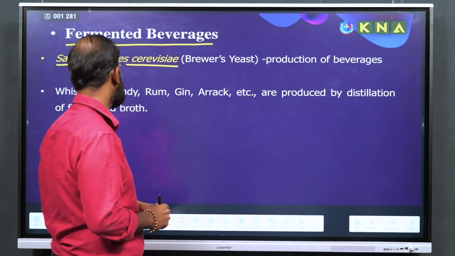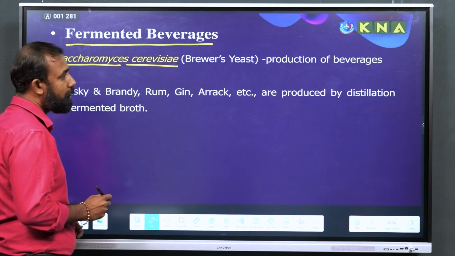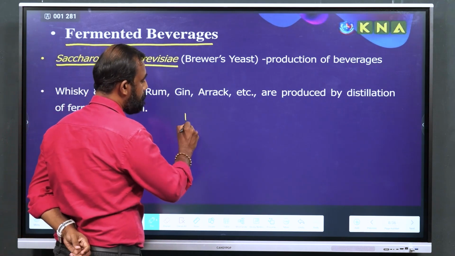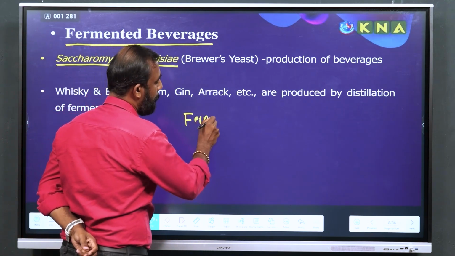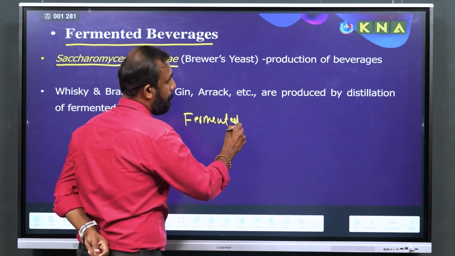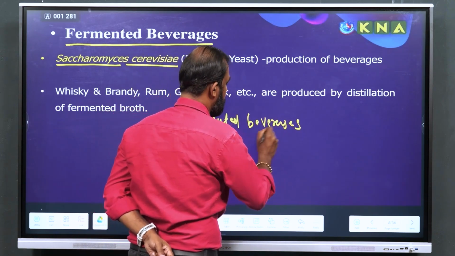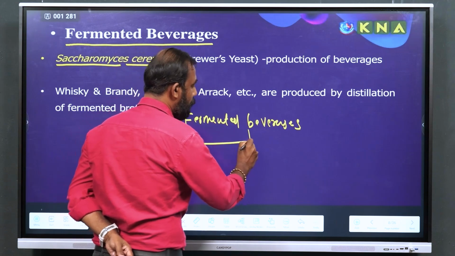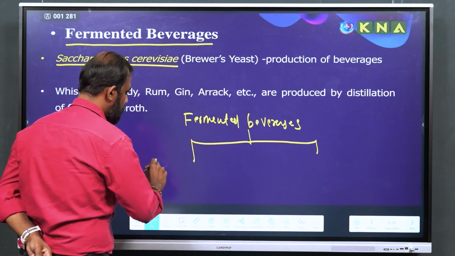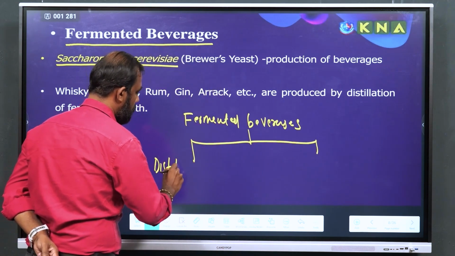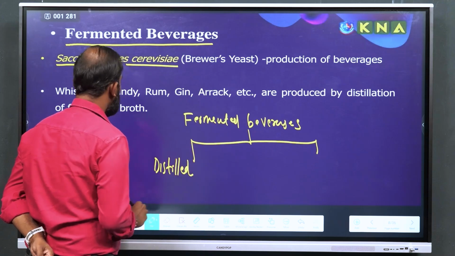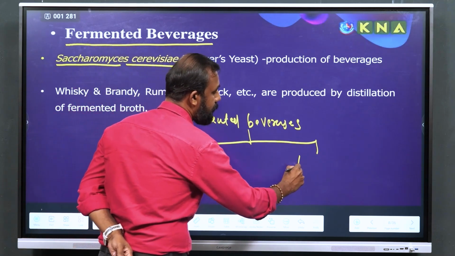There are two types of fermented beverages: distilled and non-distilled.